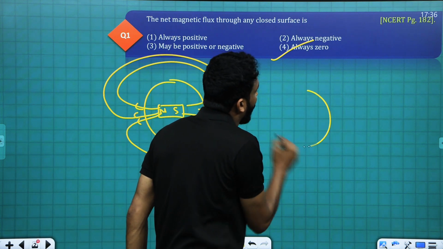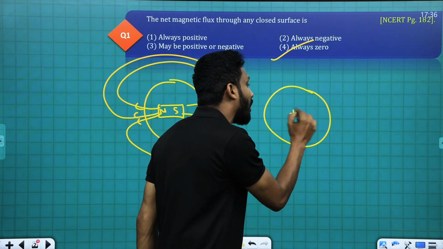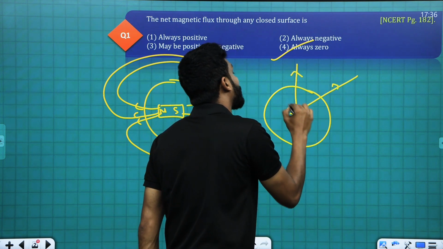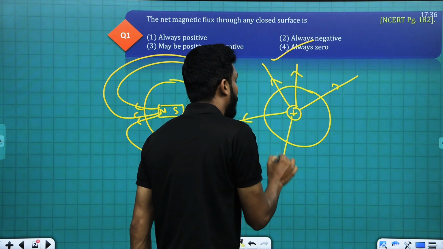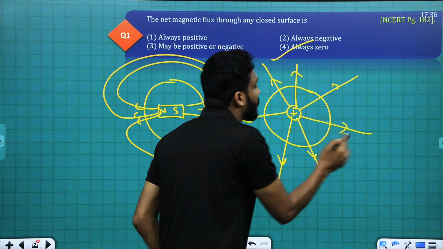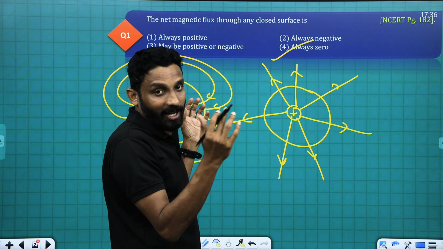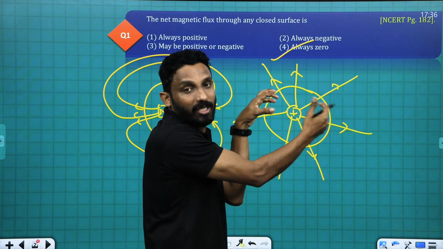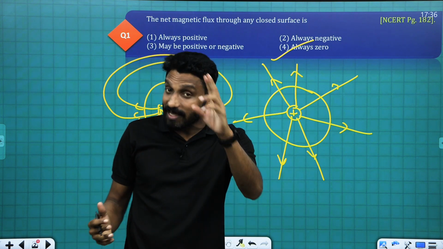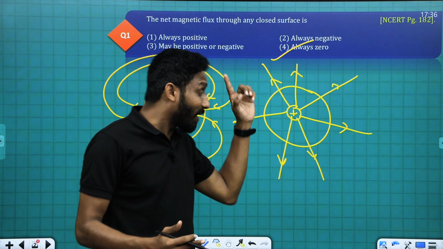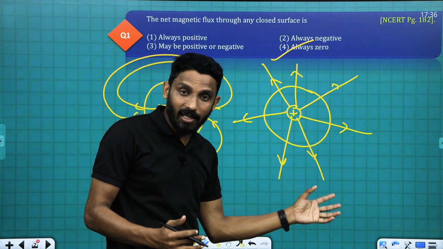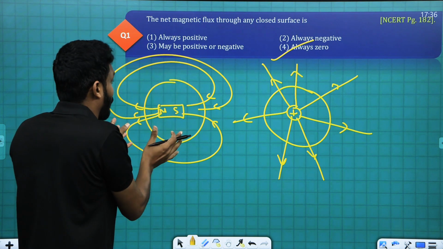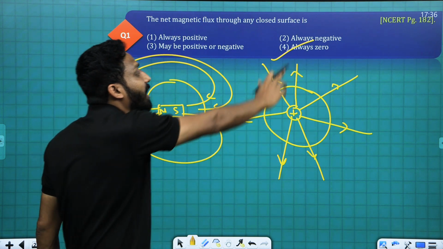Suppose we have a closed surface and there is a positive charge, then the field lines come out of the closed surface, and we get a positive flux. If the charge is negative, the field lines enter the closed surface, and we take it as a negative flux. This is the case for electric field lines, but here the case is different. In a closed surface, the total net flux will always be 0.